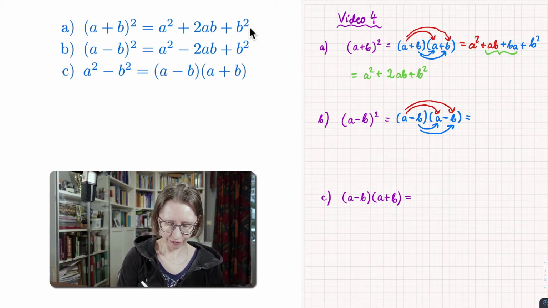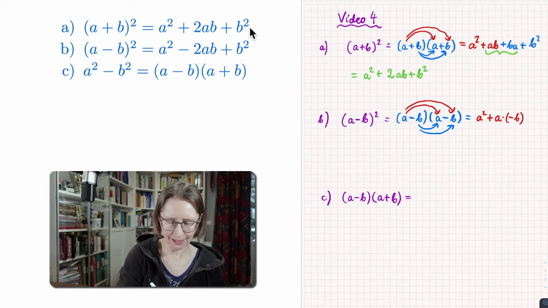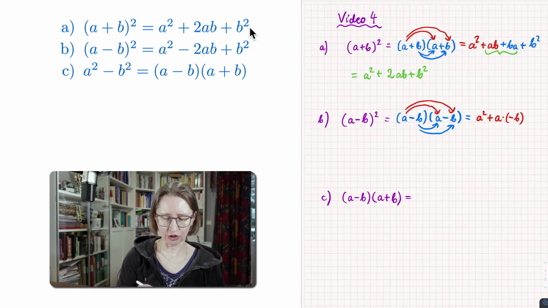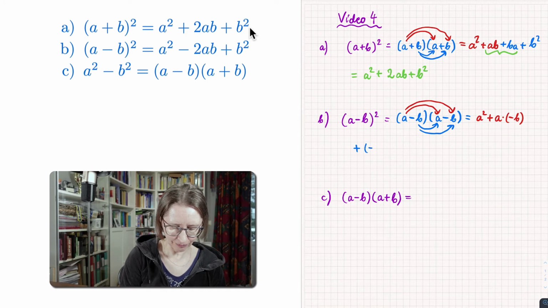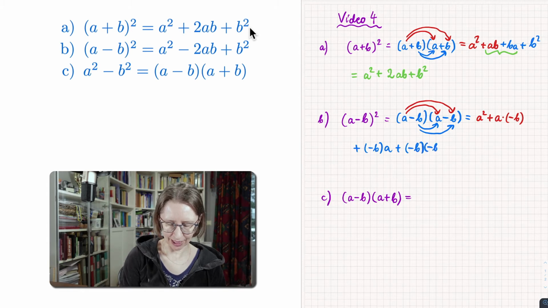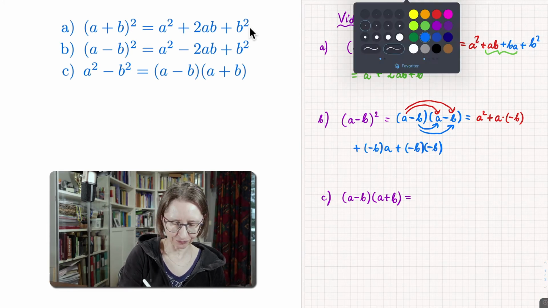So here I first get a times a is equal to a squared. Then I have a times minus b. I will write it like this, a times minus b. And then I continue with minus b times a, so plus minus b times a, and then plus minus b times minus b, right?